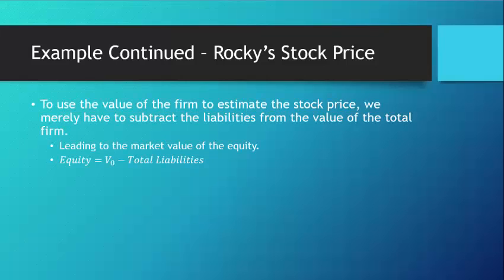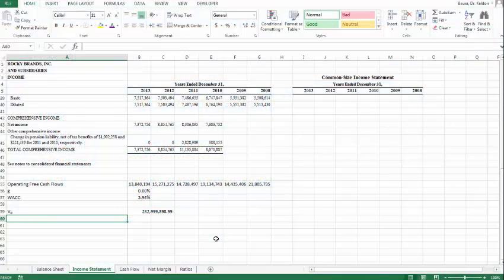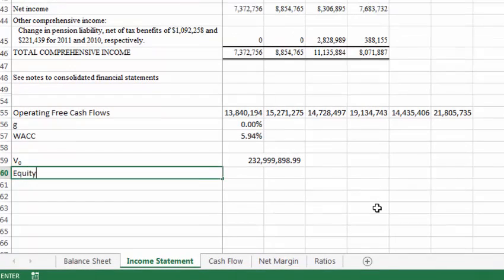To get the stock price, we're going to use the value of the firm to estimate the stock price. We merely have to subtract the liabilities from the value of the total firm, leading to the market value of the equity. In other words, equity is equal to V sub 0 minus the total liabilities. Then we'll take the total equity estimate and divide by the number of shares to arrive at the stock price estimate. So let's look at the equity.